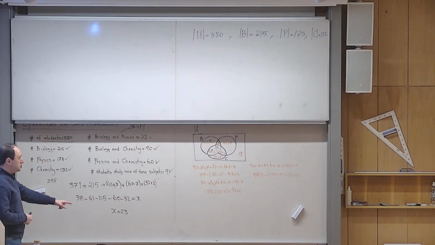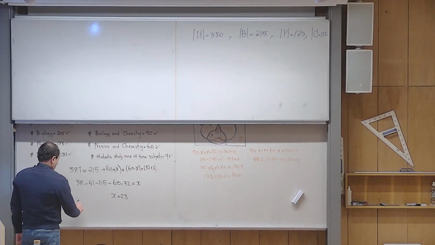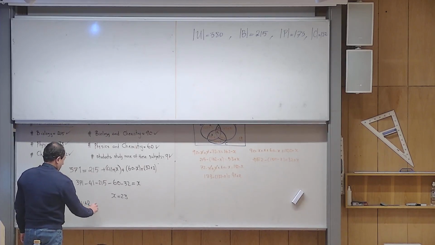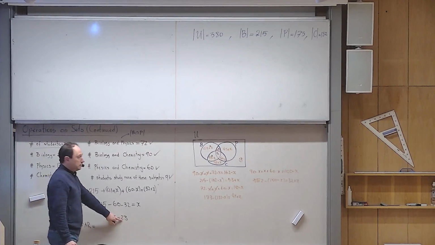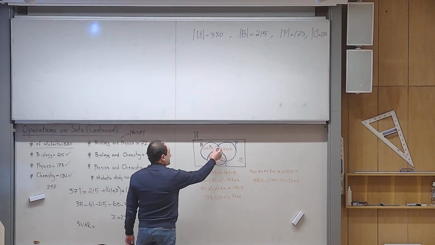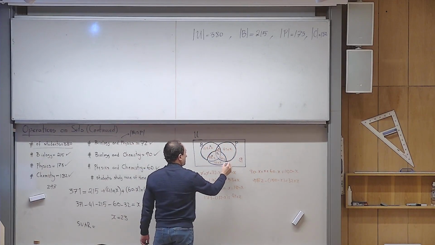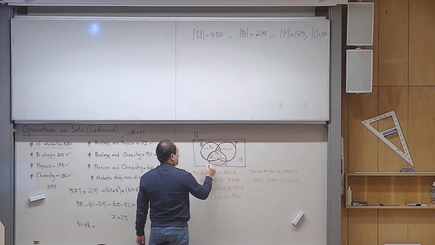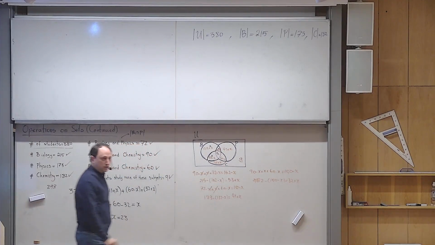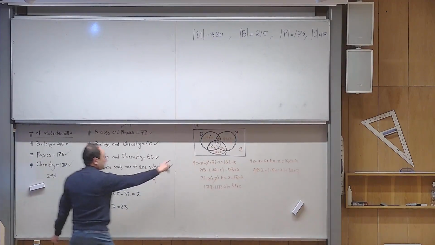But this is not the answer. What is the answer then? The answer is, I know that x is 23. Do you remember I was supposed to find the students here plus the students here plus the students here in total. Okay, then it is clear. Instead of x, I put 23.